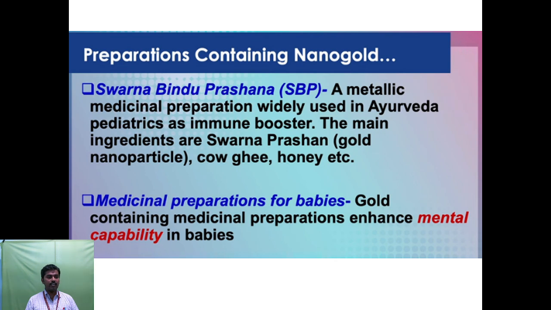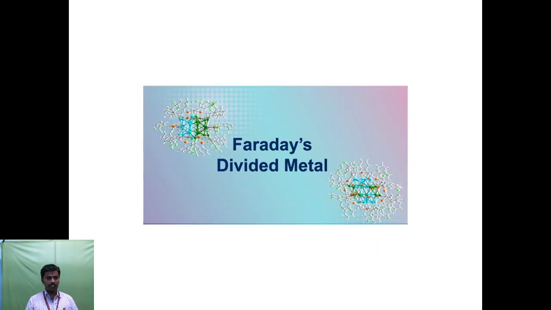The main ingredients of Swarna Bindu Prashana are gold nanoparticles, cow ghee and honey, etc. Another one is a medicinal preparation for babies. Gold-containing medicine preparation enhances the mental capability in babies.